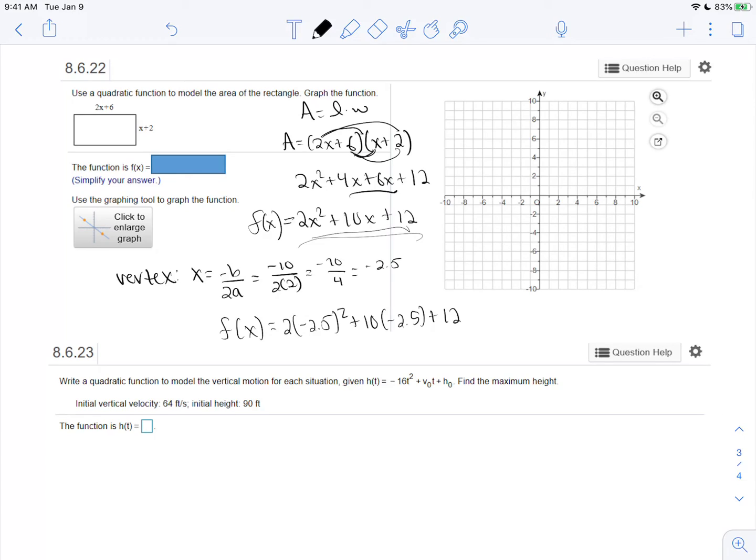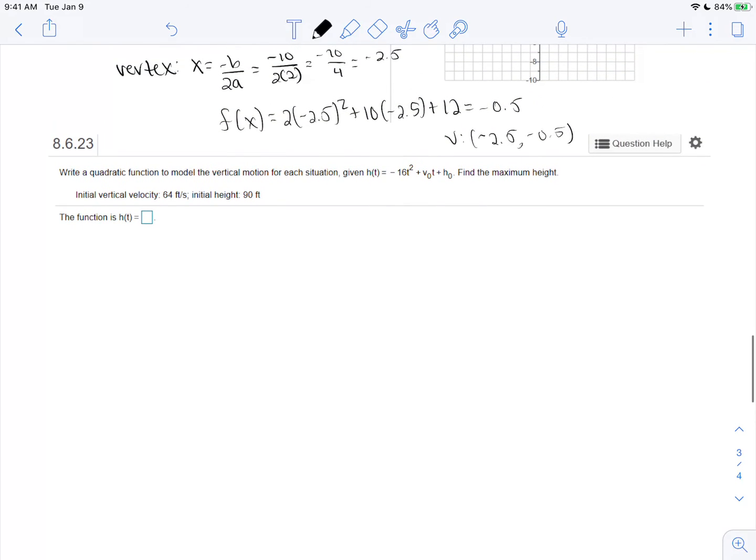And when I plug that whole thing in my calculator, I get negative 0.5. Okay, so my vertex is negative 2.5, negative 0.5. Okay, so we can plot that point to estimate a bit. So it's about there. It has a vertical dilation of 2, so from here I'm going over 1, up 2. You guys have to kind of estimate that point right here, right? Your graph kind of looks like that.